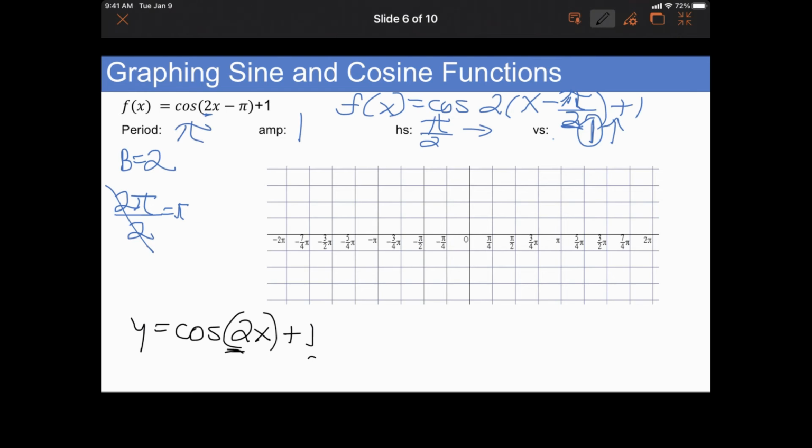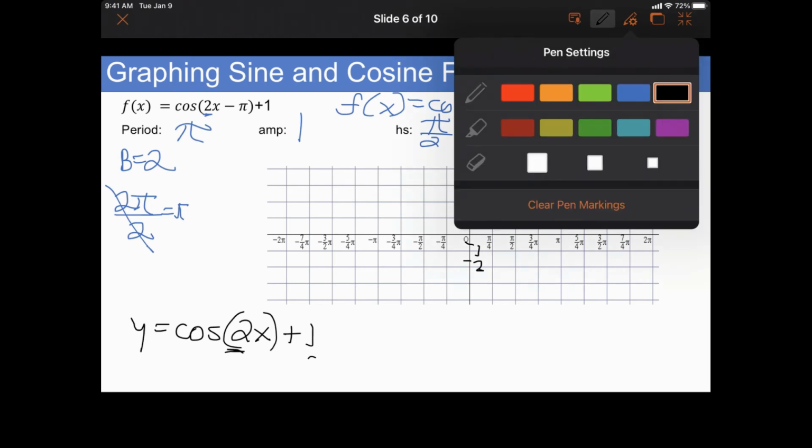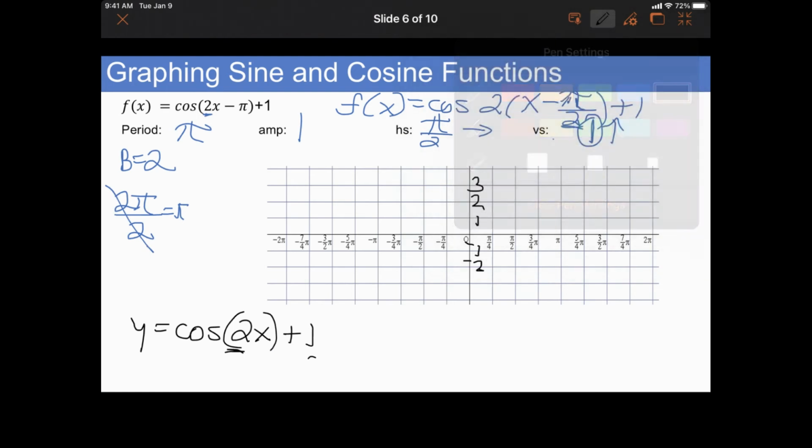So my period is pi. Oh, this one's already numbered. It's great, I like it. And we're doing cosine. All right, so cosine 1, 2, 1, 2, negative, negative. Okay, so I'm shifting everything up 1. So that tells me I have a new line, a midline.